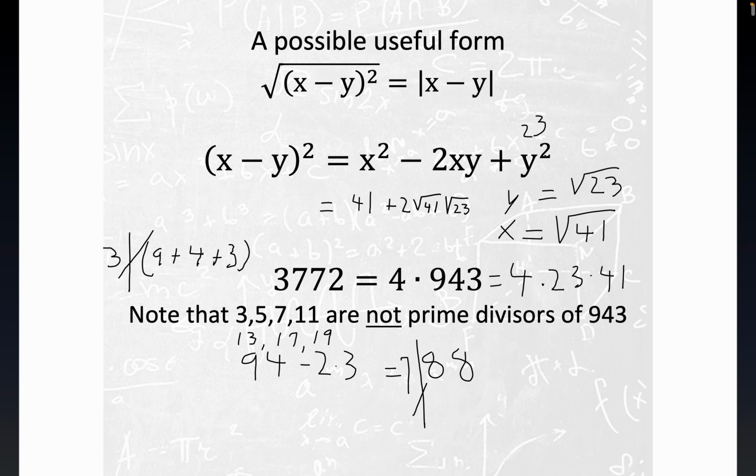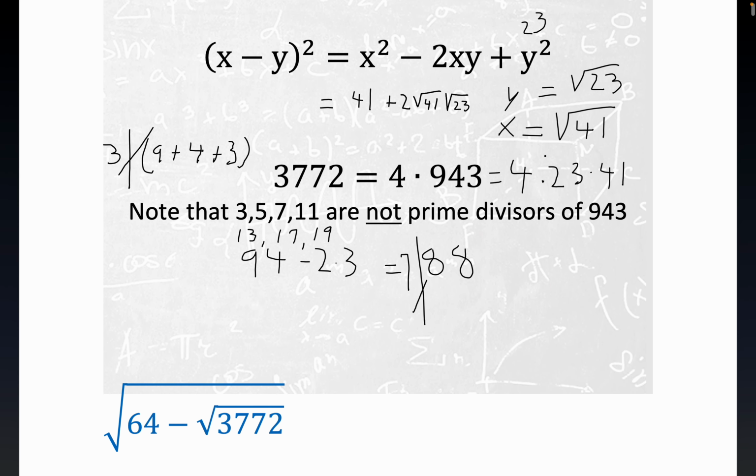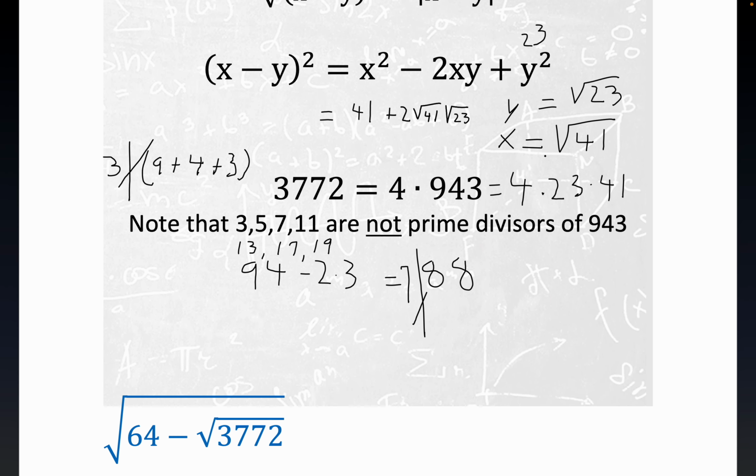And let's see, do we have everything on the screen here? Yes, we do. Okay. So you see, from the work we've done up here, what you end up with is the square root of, again, with these selections for x and y, 41 and 23 gives you the 64, right? So I'll just write it down.